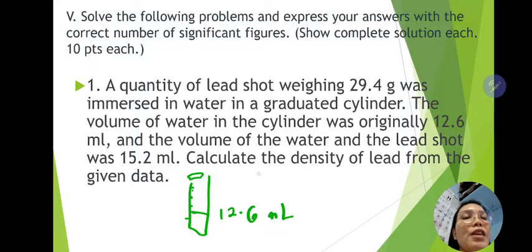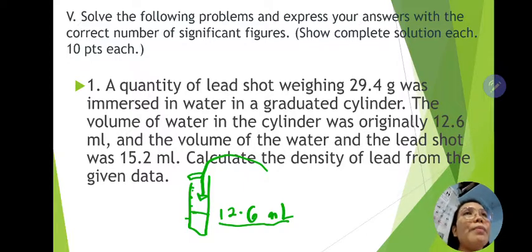So, ang sabi, nilagay yung quantity of lead shot dito sa graduated cylinder na merong original volume na 12.6 ml. So, syempre, because of water displacement, dahil ang matter ay nag-occupy ng space, since meron kang nilagay, tataas yung volume natin.